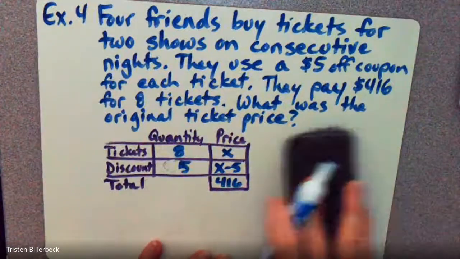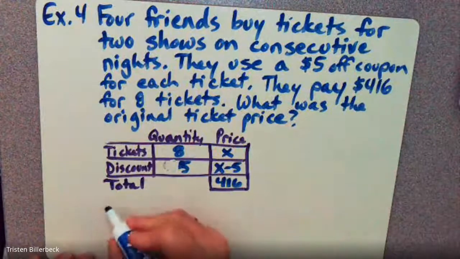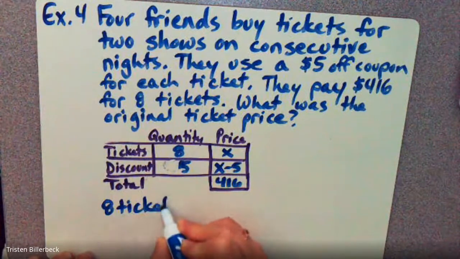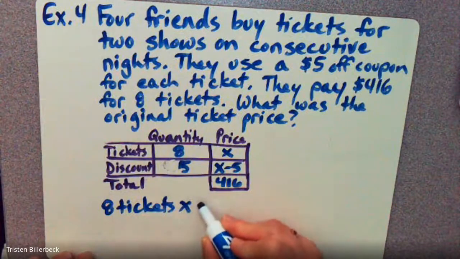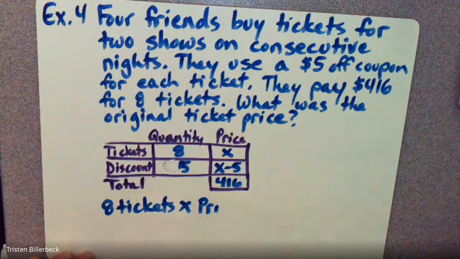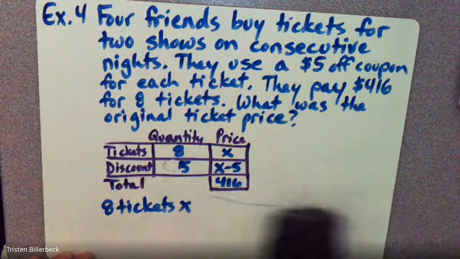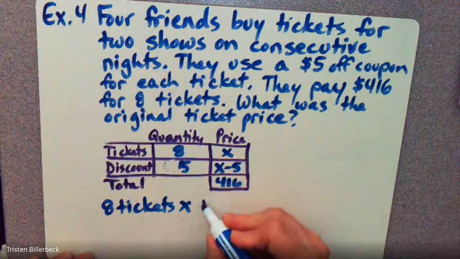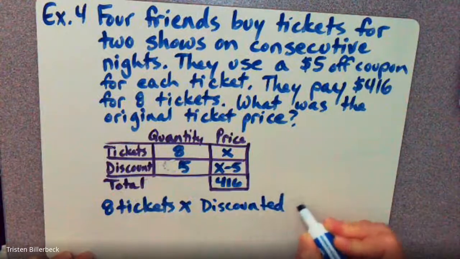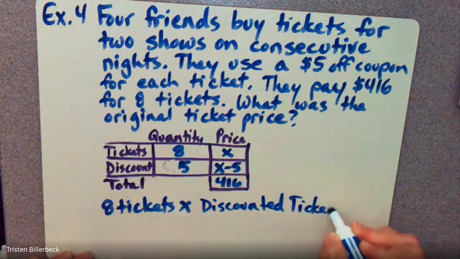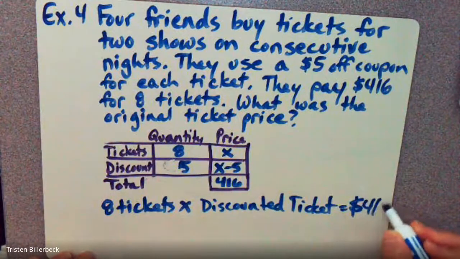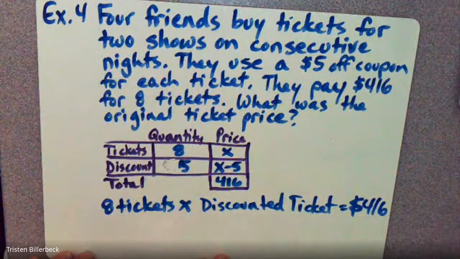Sometimes if we write the verbal model out, it works well. So we've got 8 tickets times the discounted price of the ticket equals $416.